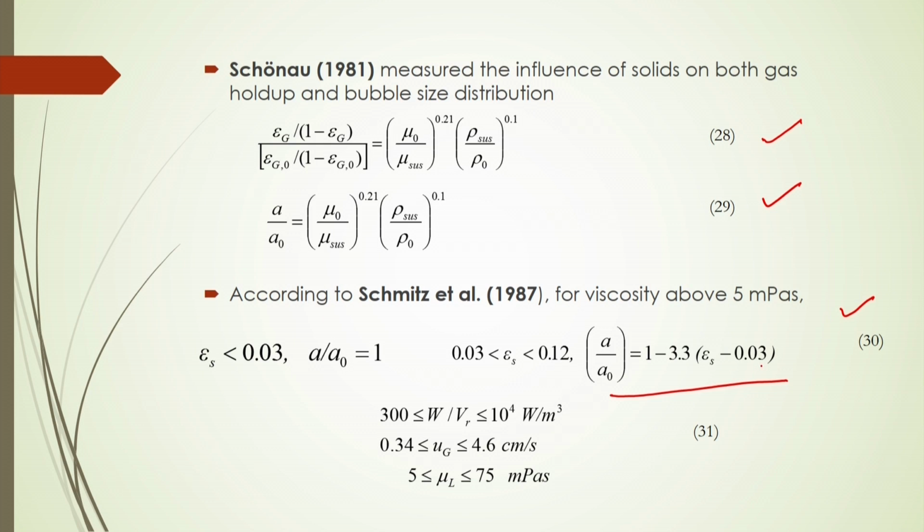From this equation you can calculate the specific interfacial area in the presence of solids, if the fraction is less than 0.03. And A0 is the specific interfacial area with no solid fraction inside the bed.